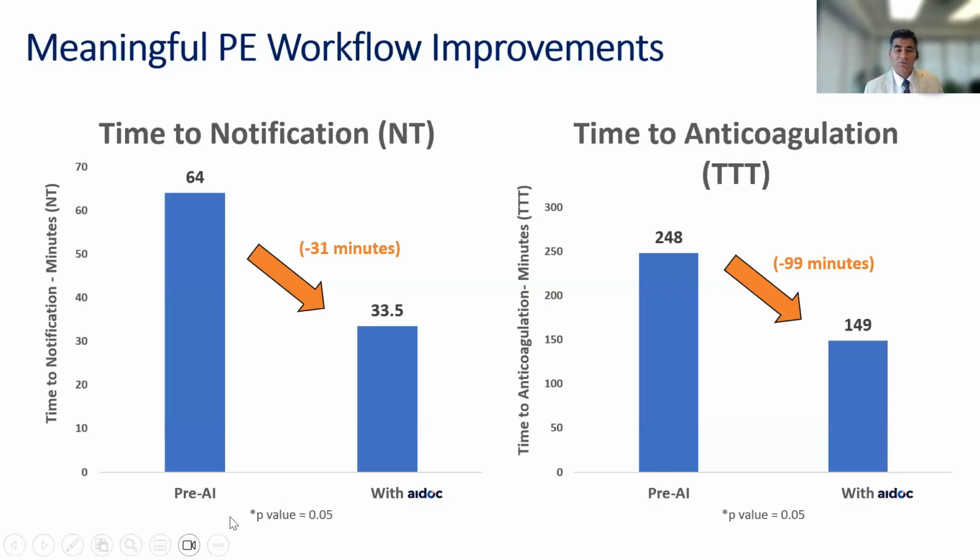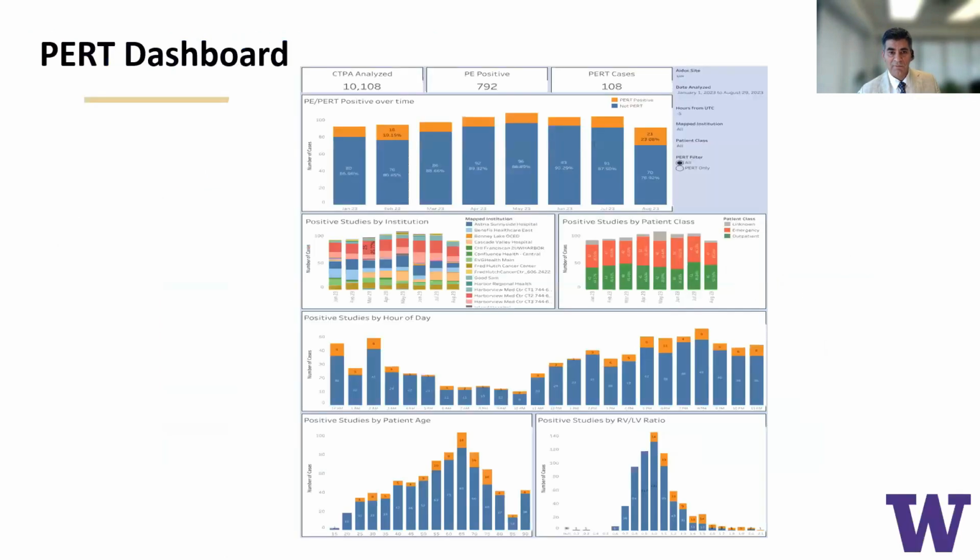Here you can see these bars are pretty impressive: about 31 minutes improvement for notification and about 99 minutes improvement in time to anticoagulation, compared to pre-ADOC introduction in our practice, using the historic data versus the data post-ADOC. There has been substantial improvement in communication and in how we treat these patients. So clearly a positive outcome that we desire.